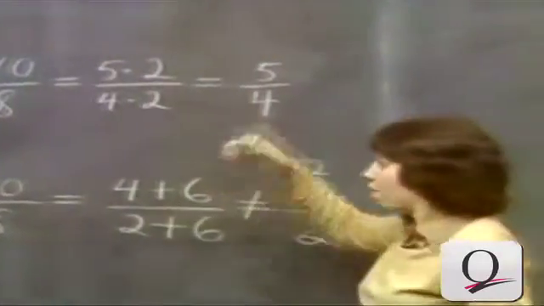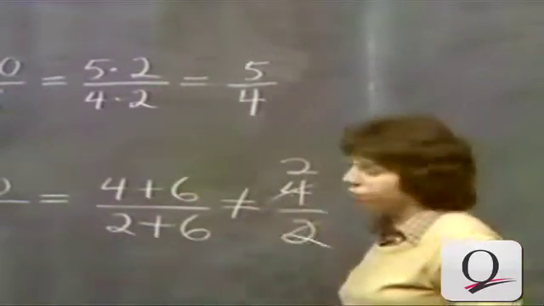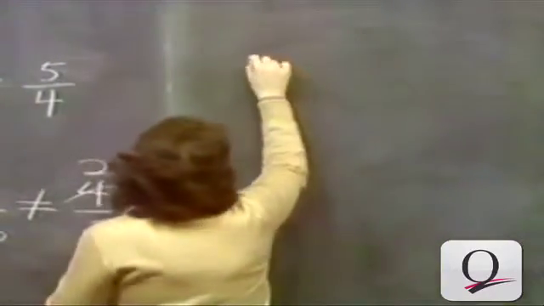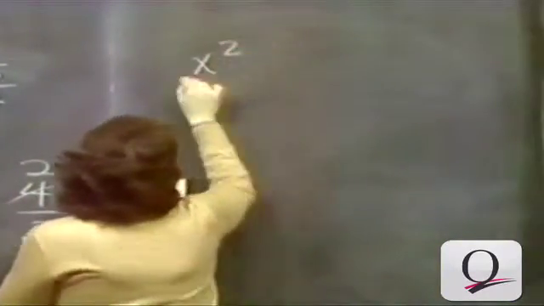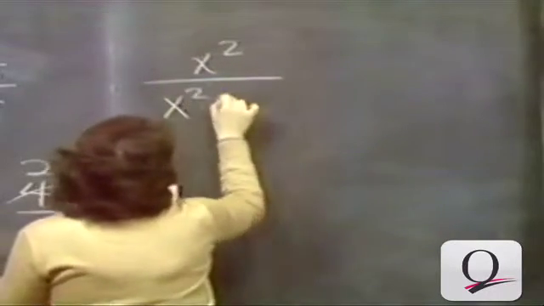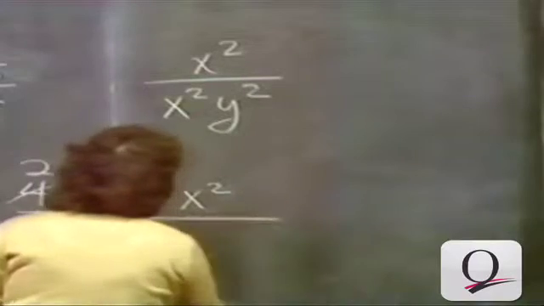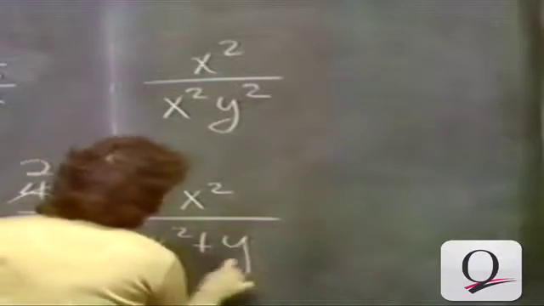Now, while this may make a lot of sense with numbers, somehow when we mix in variables, people sort of forget the rules. Let's see if we can keep them straight. Let's look at these two examples: x squared over x squared y squared, and x squared over x squared plus y squared.